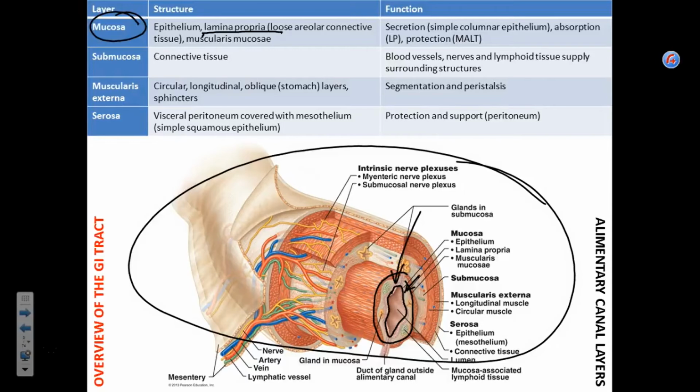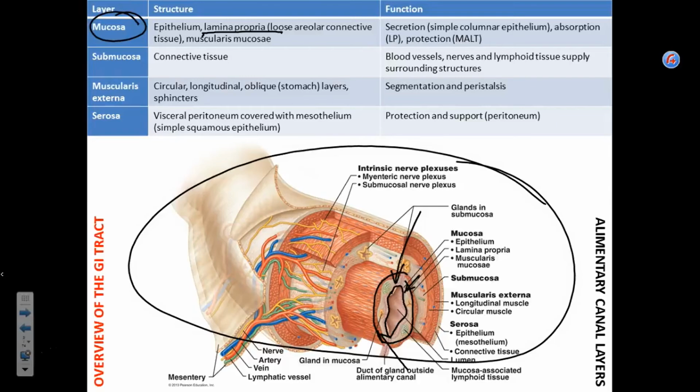Lamina propria is the layer of areolar connective tissue which contains a lot of immune cells and lymphoid tissue. And then a thin layer of smooth muscle, which is called muscularis mucosa. So muscularis is muscle, mucosa, mucosal layer. That makes sense.